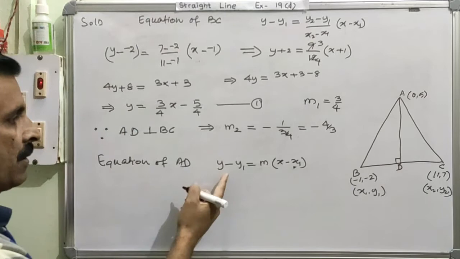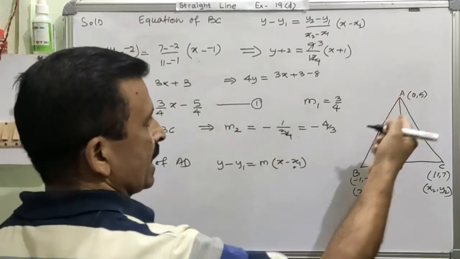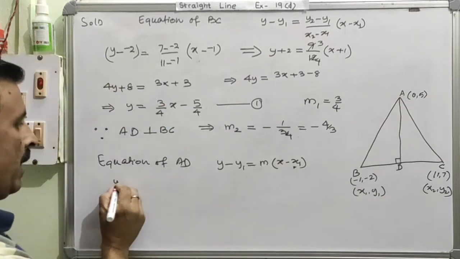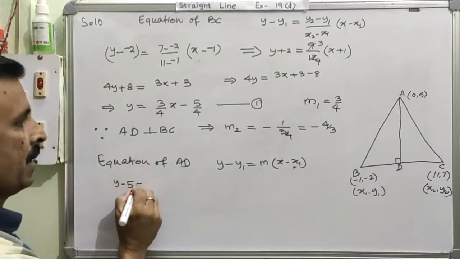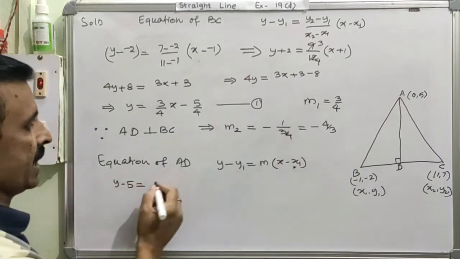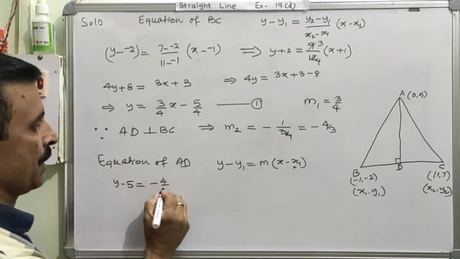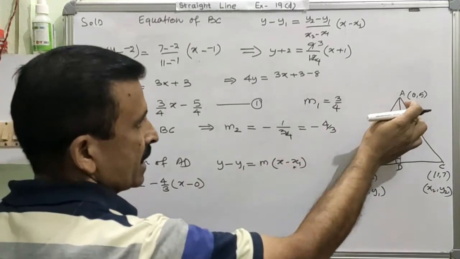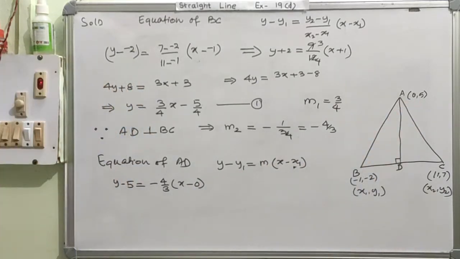Clear? So put the values. For this line AD we are considering this as x1 y1. So y minus 5 is equal to slope is negative 4 over 3, and then x minus 0 because x1 is 0. Hope I am very clear.